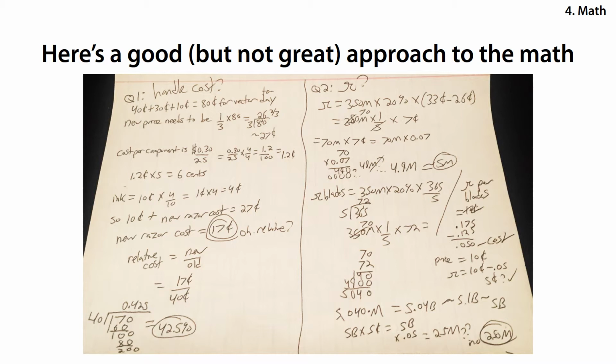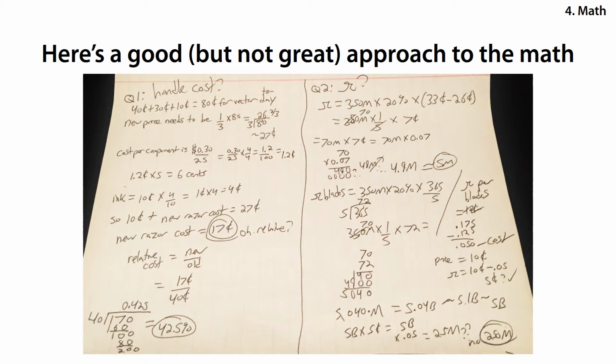The ink is 10 cents times 4 over 10, so it's 1 cent times 4 equals 4 cents. So 10 cents plus the new razor cost has to equal the target cost of 27 cents. So the new razor cost is 17 cents, but we need to know the relative cost.